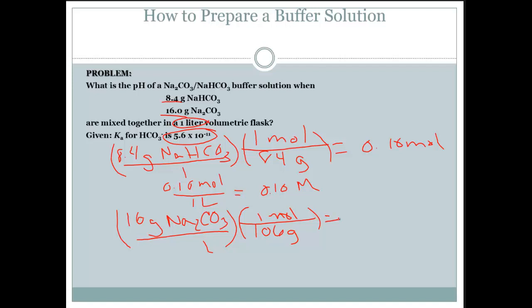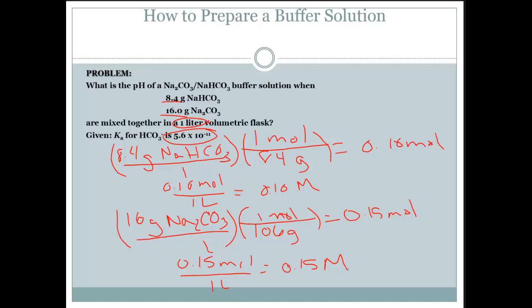And that comes out to be 0.15 moles. Once again, we need to figure out the actual concentration of this. So that's 0.15 moles per 1 liter, because once again, it's in a 1 liter volumetric flask. That comes out to be 0.15 molar.